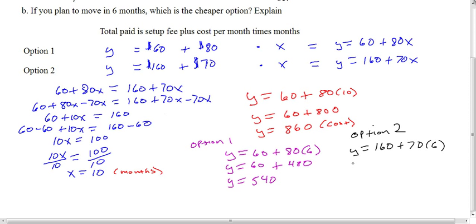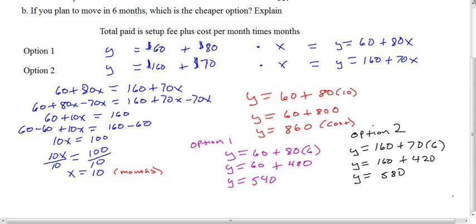So that'll be y is equal to 160 plus 420. Plus, add the 160 to it. Okay, so that'll give us y is equal to 580. Okay, just make sure 420 plus 160, 580. Correct.